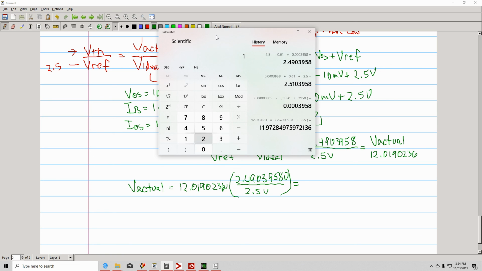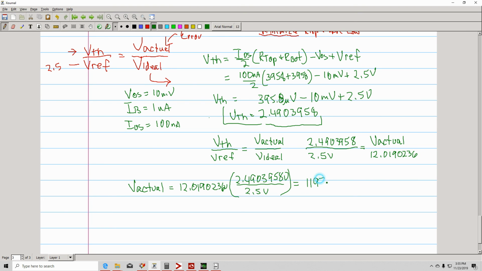Okay, so we're going to say 12.0190236 times parentheses 2.4903958 divided by 2.5 close parentheses, and we get 11.972850.35.